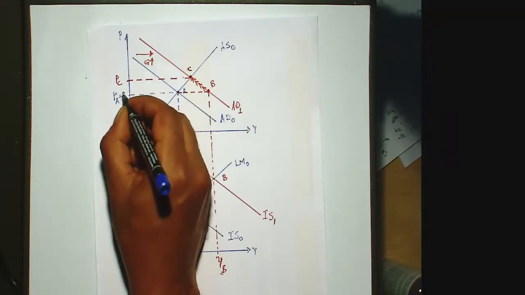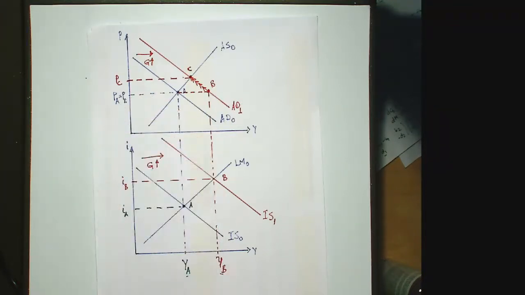Don't forget that we have a price level of PA, which is equal to PB, in the constant price scenario, where our aggregate demand shifted outwards to AD1 due to the government expenditure, and our IS shifted from IS0 to IS1, and we reached point B with a new interest rate of IB and income level of YB.